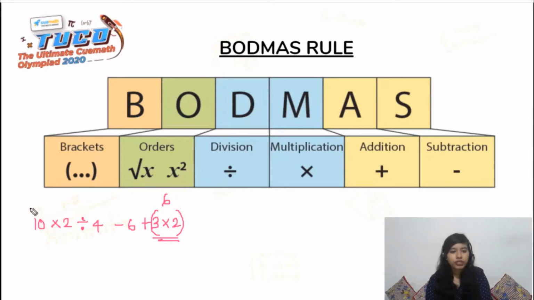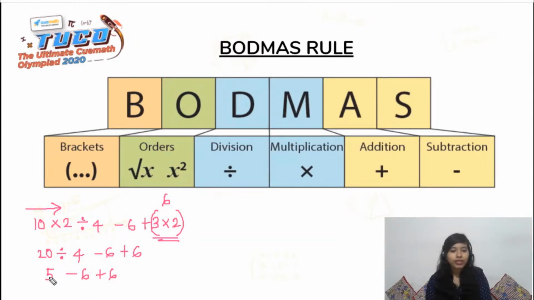Once you are done with the parenthesis, you can go ahead with the rest of the steps. Going from left to right, multiplication comes first. So we multiply 10 times 2, which is 20, divided by 4 minus 6 plus 6. Next, 20 divided by 4 gives us 5 minus 6 plus 6.